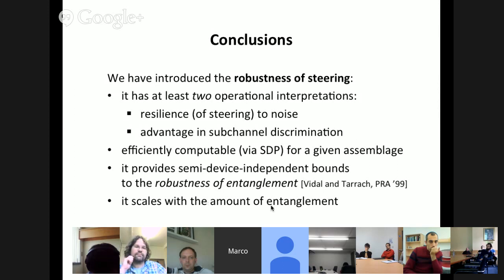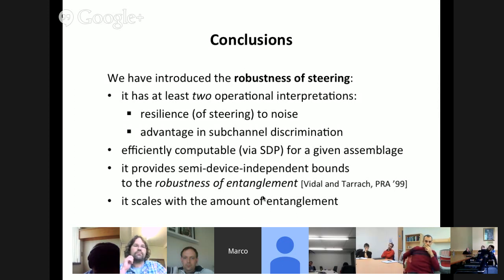Also, this comment refers in particular to the steering weight, which happens to be, for example, maximal for every pure state independently of the dimension. So a pure state of two qubits, however entangled, or a pure state of dimension d, whatever number, as long as there is entanglement present, according to the steering weight those states would be equally and maximally steerable.